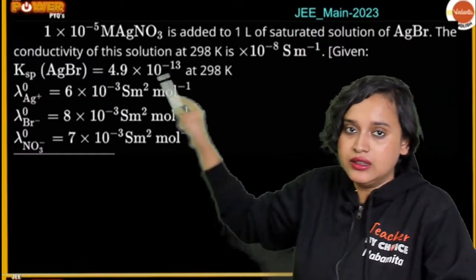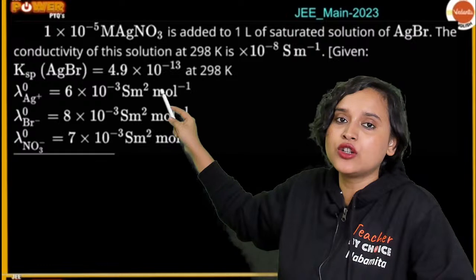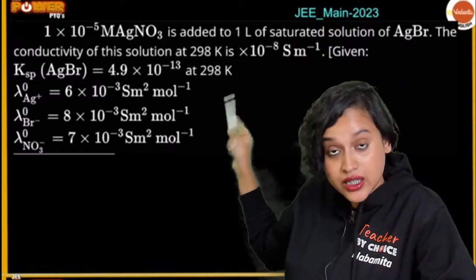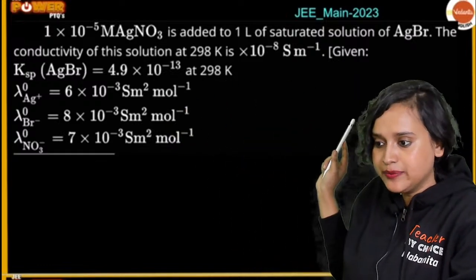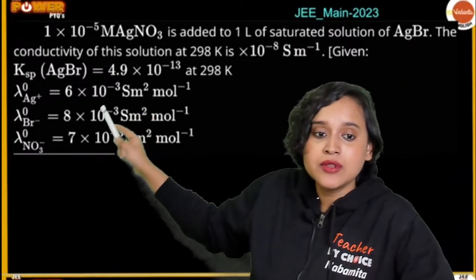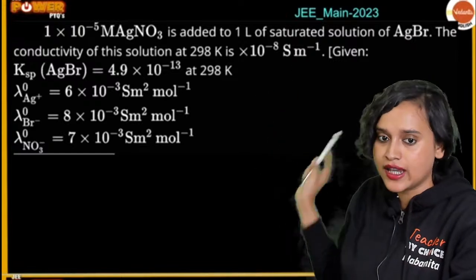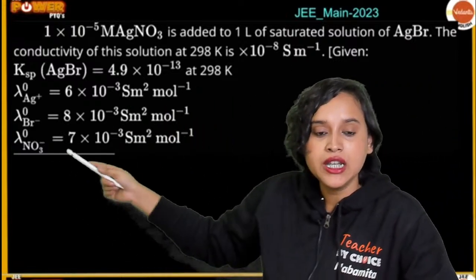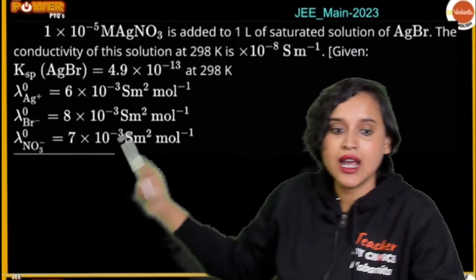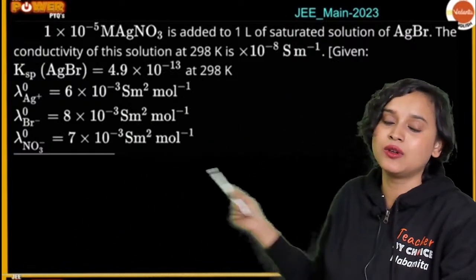Given KSP of AgBr is equal to 4.9 into 10 to the power minus 13 at 298 Kelvin. Lambda naught Ag plus is equal to 6 into 10 to the power minus 3, same unit. Lambda naught Br minus is equal to 8 and lambda naught NO3 minus is equal to 7.